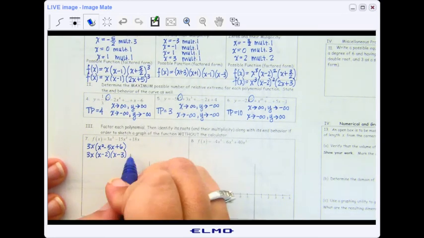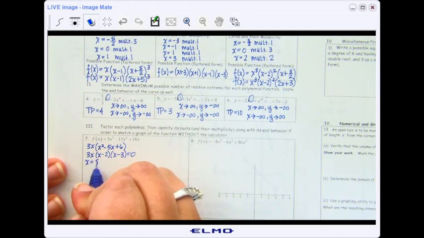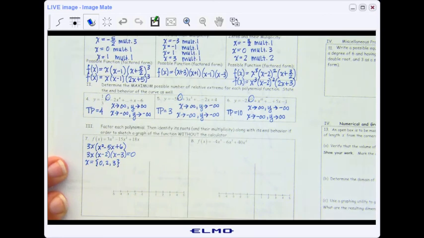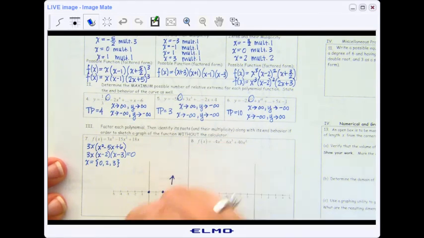So when we set this equal to 0 and solve, that means x is equal to 0, 2, and 3, all with a multiplicity of 1. So I have 0, 2, and 3. I'm an odd degree positive polynomial, so my right-hand side goes up and my left-hand side goes down.